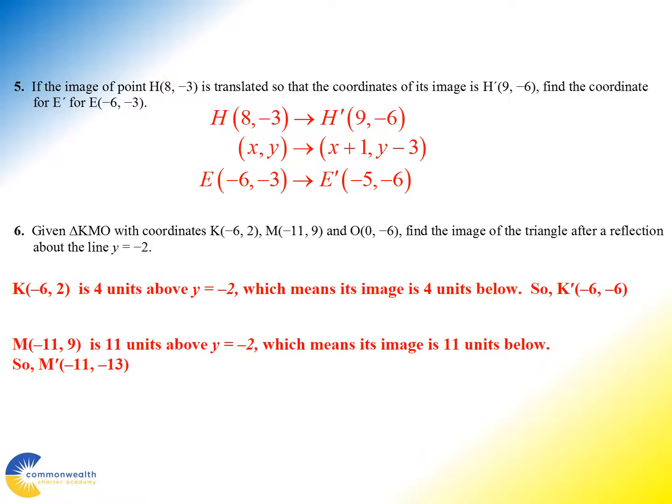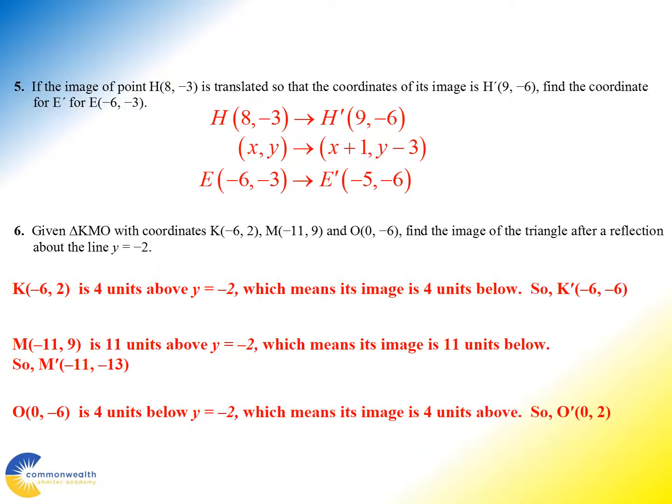And lastly, O at 0, -6 is going to be 4 units below the line y equals -2. So its image would be 4 units above the line y equals -2, which would put it at 0, 2. So your images would be at -6, -6 for K, -11, -13 for the image of M, and 0, 2 for the image of O.